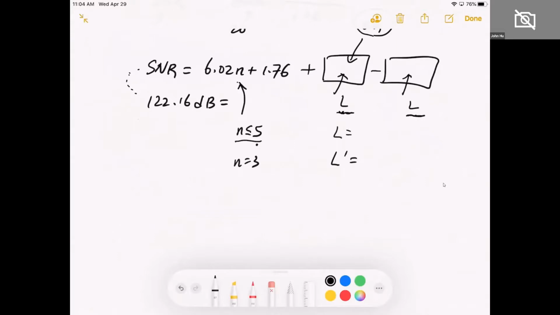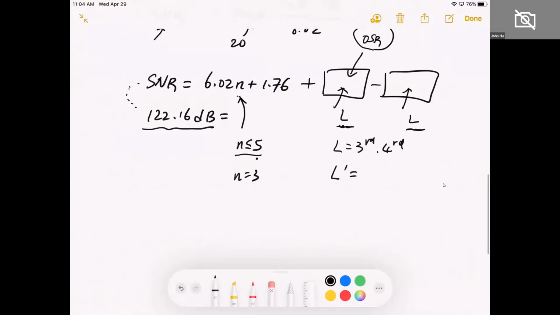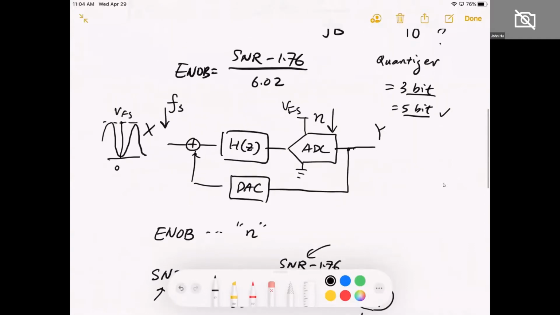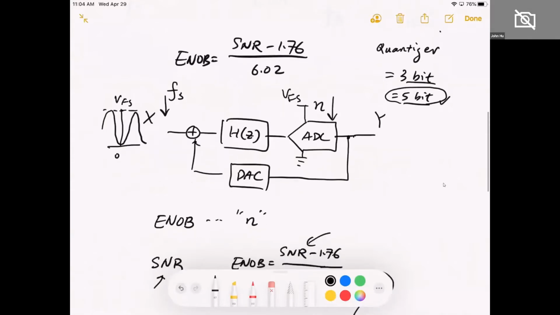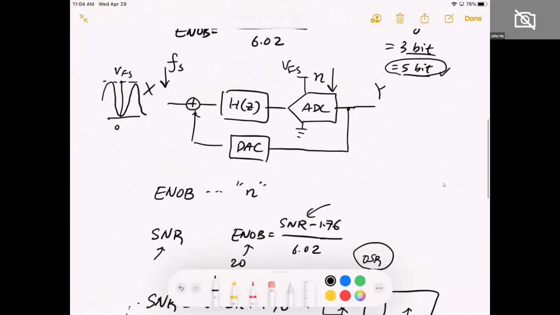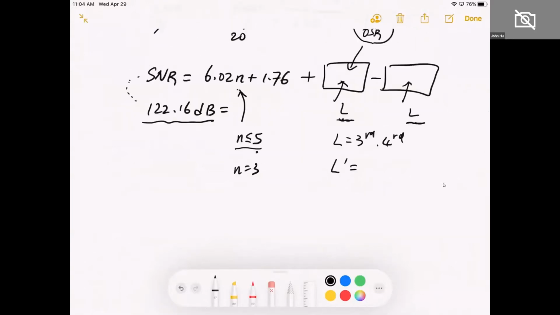Maybe with n of 5, you can design a 3rd order or 4th order that would already achieve or exceed this SNR. I will make it clear in the exam question that the maximum number of bits you can use in your quantizer design is a certain number of bits. So I will expect you to draw out the block diagram and tell me which order of sigma delta you're using to achieve this resolution.